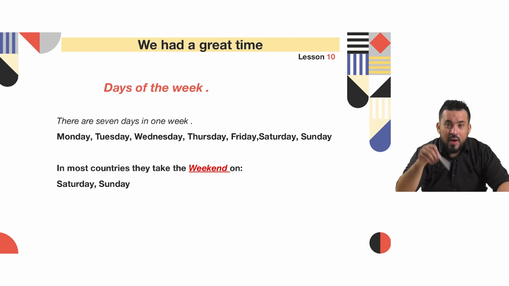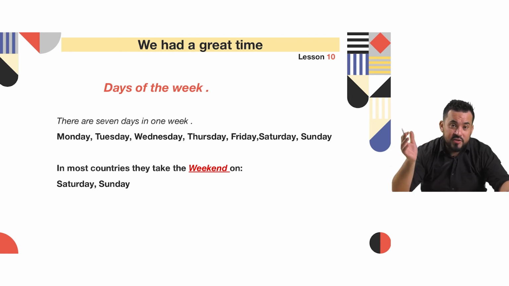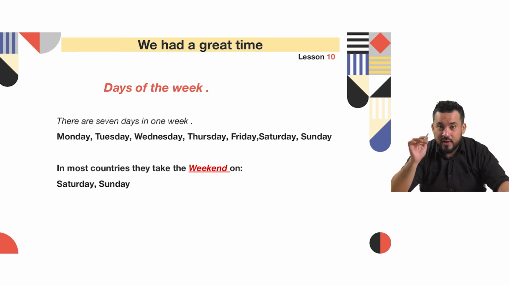Let's talk now about the days of the week. The days of the week are, and pay attention to the pronunciation because a lot of people get them wrong. Monday, first day of the week.